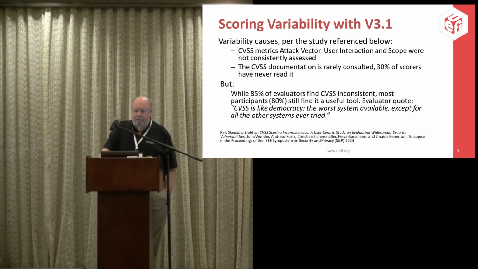So their feedback in the paper is essentially, down to a couple of bullets, is the metrics for attack vector, we'll talk about these more in a minute, user interaction and scope were not consistent. Everybody had a different idea of what those meant. And then the second one is probably the reason a lot of that happens is because the CVSS documentation is rarely consulted. 30% of scorers never have read it.